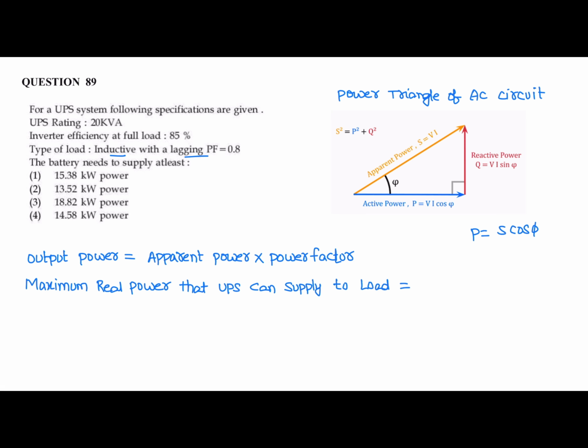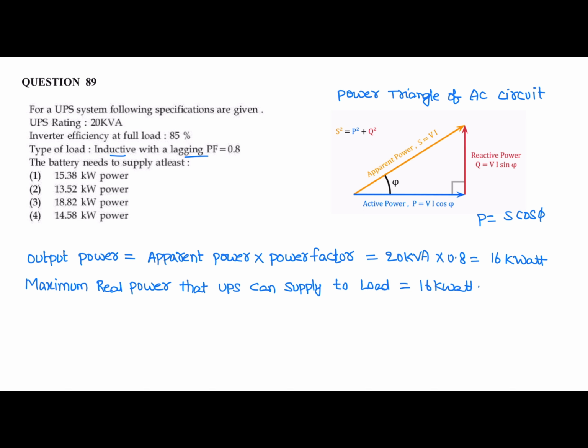Here the apparent power is 20 kVA and the power factor is 0.8. Now the value of output power is 20 into 0.8, that is 16 kilowatt. The maximum real power that the uninterrupted power supply can supply to the load is 16 kilowatt.